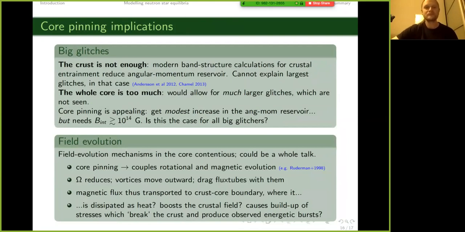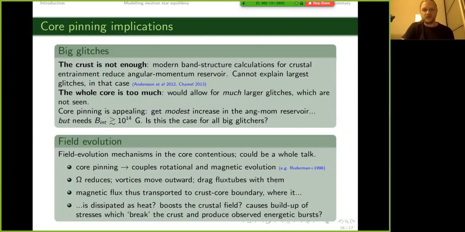I don't know. One of the big implications is in field evolution, and magnetic field evolution in the core is a very contentious issue still, and I could easily have written a whole talk on that instead. But core pinning leads to a field evolution mechanism, which is a coupling between the rotational and the magnetic evolution.